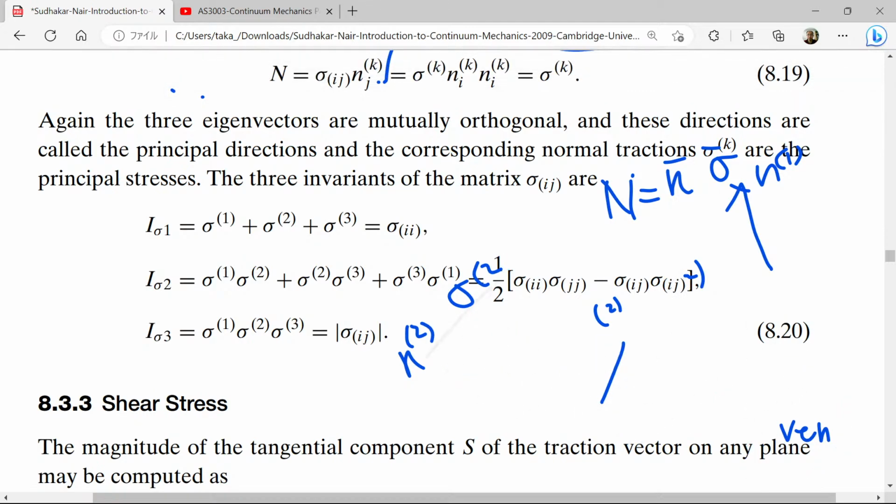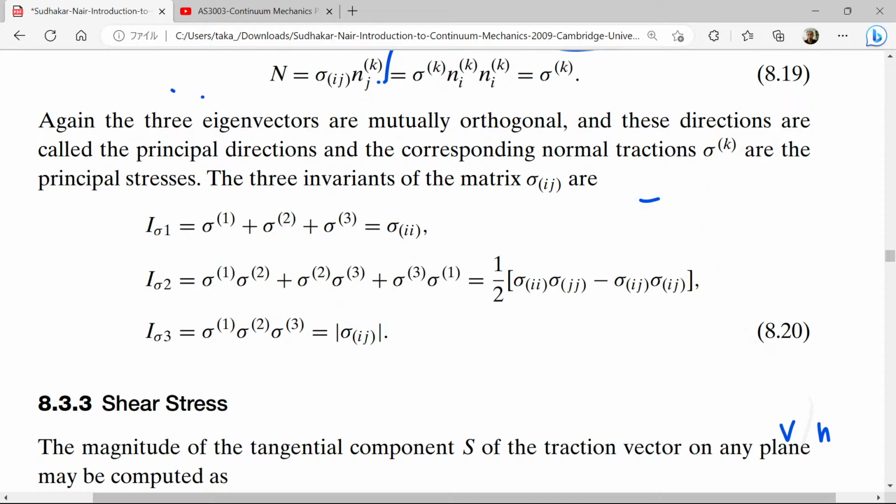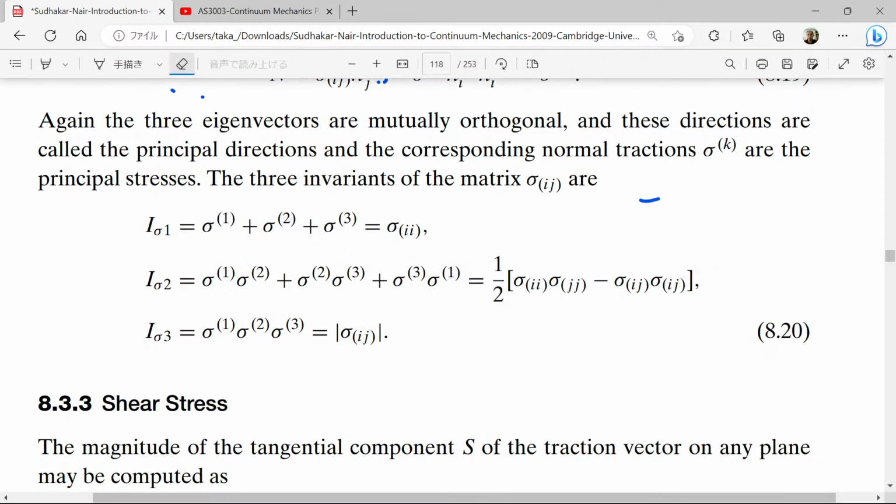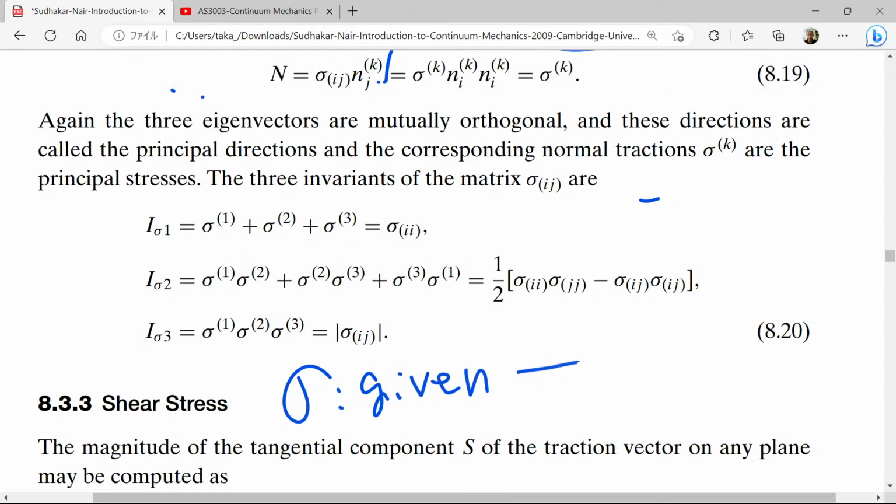I can explain again. Okay, so sigma is given. First you have sigma given, right? Then this will give us 3 planes, 3 normal vectors: 1, 2, 3, right?